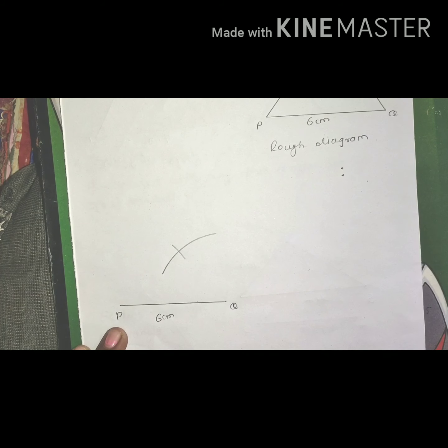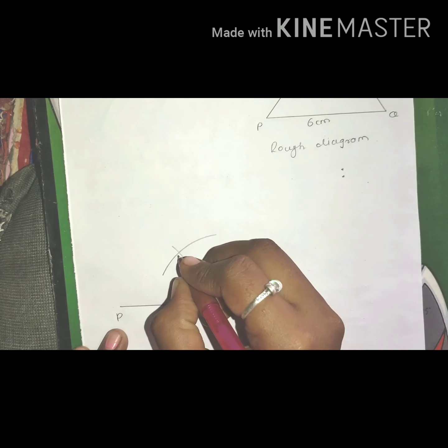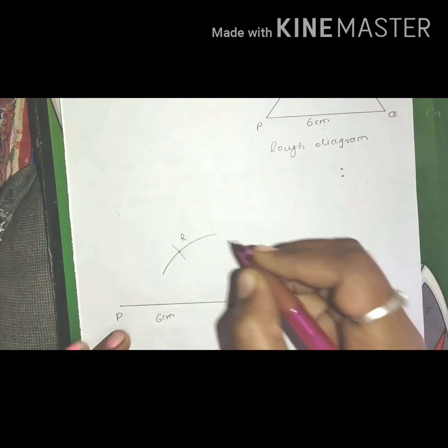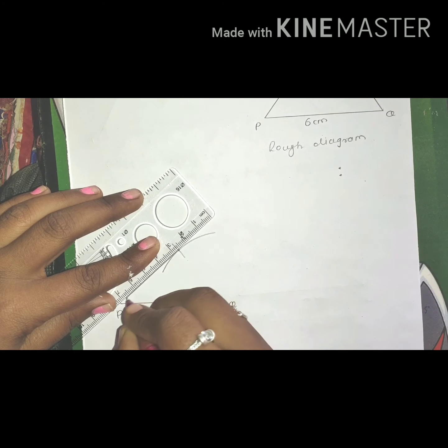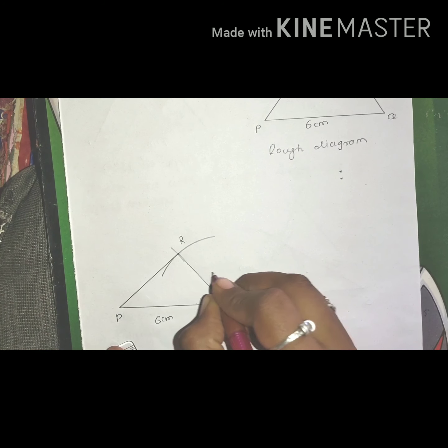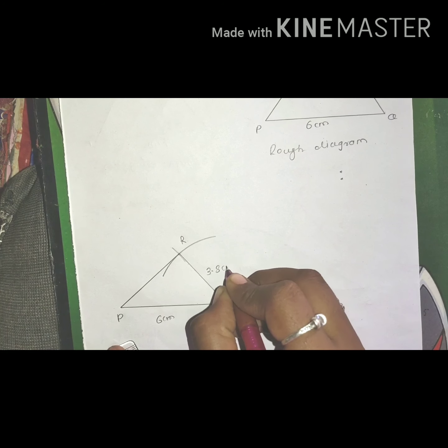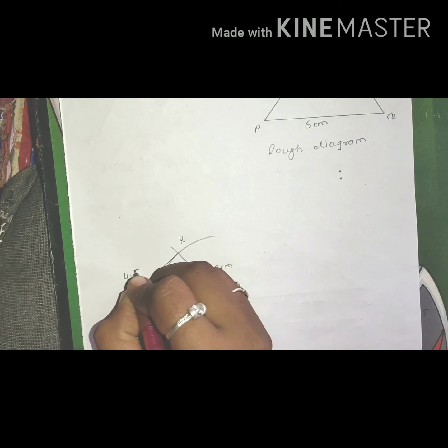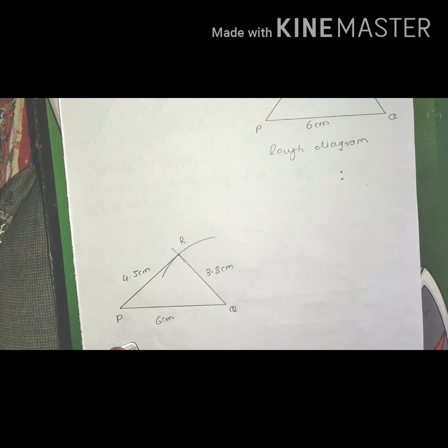So here we get a point of intersection, that is the third vertex, vertex R. Draw the segment PR and RQ. Write down the measurement 3.8 centimeter and 4.5 centimeter.